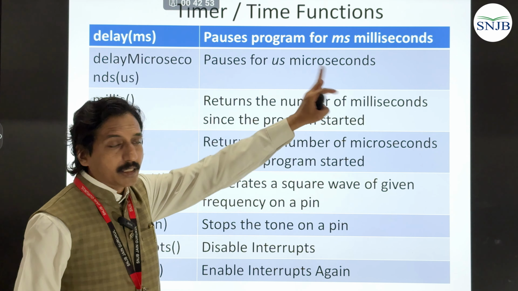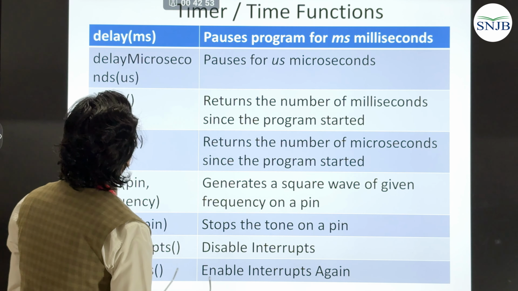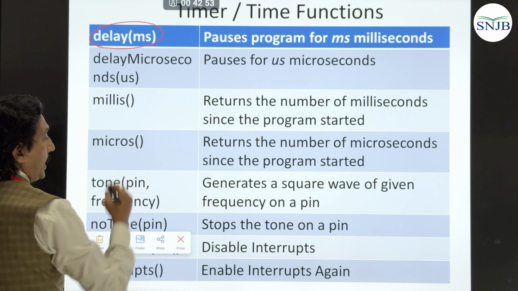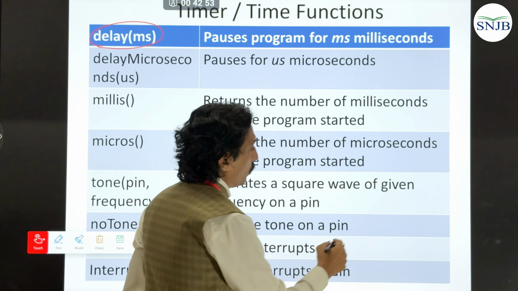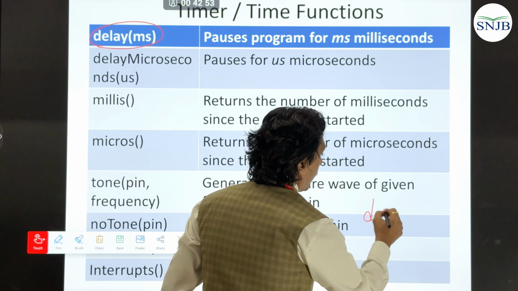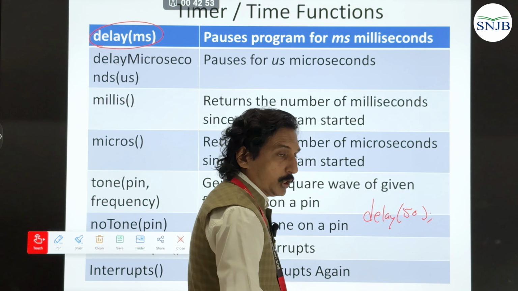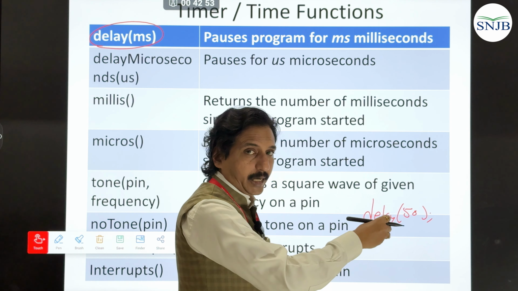Then timer functions are there, very simple. For example, we would like to create a delay. If I write delay(50), it generates a delay of 50 milliseconds.